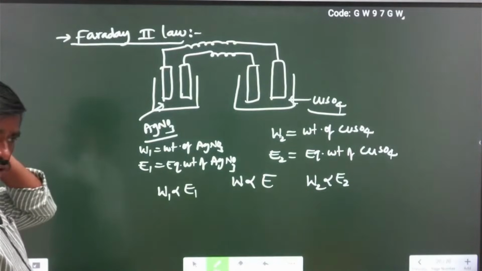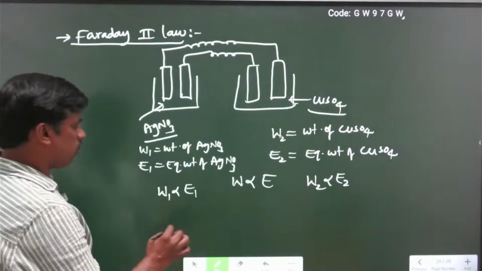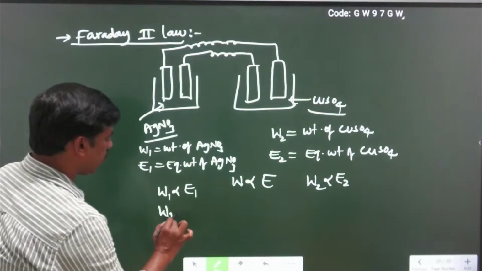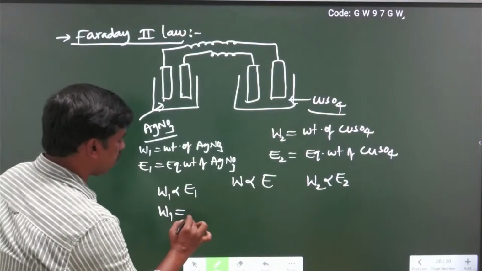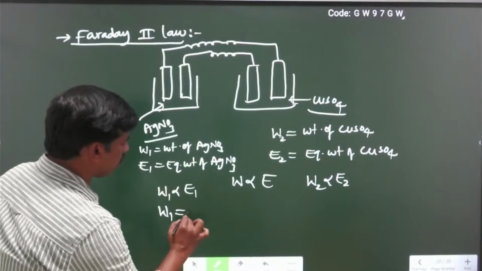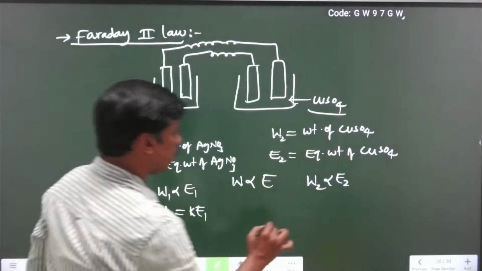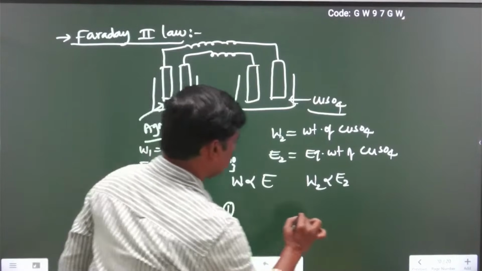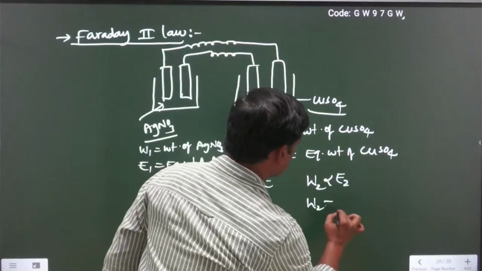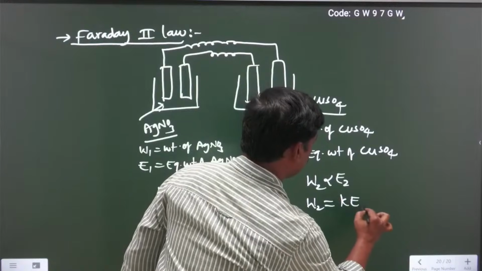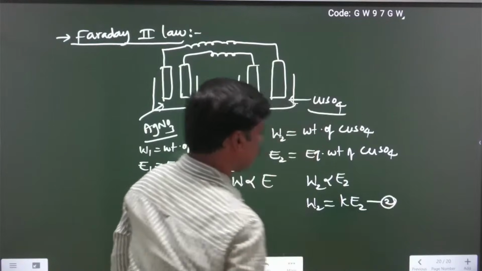Writing these with a proportionality constant K: W1 equals K into E1, this is equation 1. W2 equals K into E2, this is equation 2.